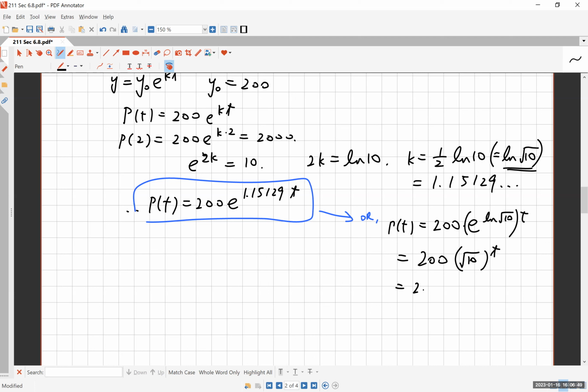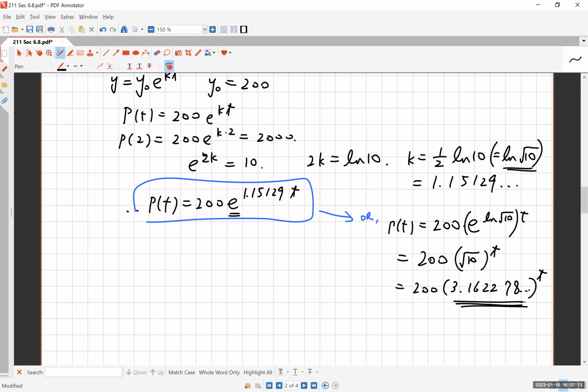So this turns out to be 200 times approximately 3.162277778 to the tth power. And that is one way to write the same kind of function. There's nothing magical about e. The point is, for any exponential growth, you don't have to actually use e. You could use something like this.